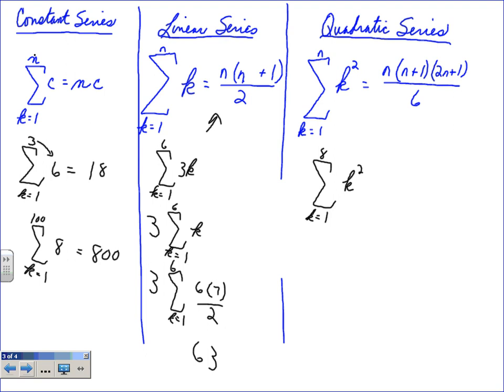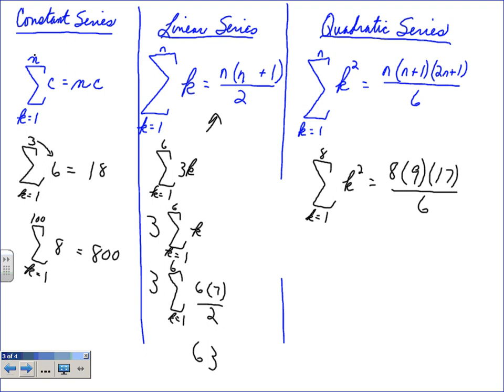We could do that in our calculator, come up with an answer, or we could use this formula above that says take n. What is n? What number is n? 8. So we have 8 times 8 plus 1 times 2 times 8 plus 1, divided by 6.